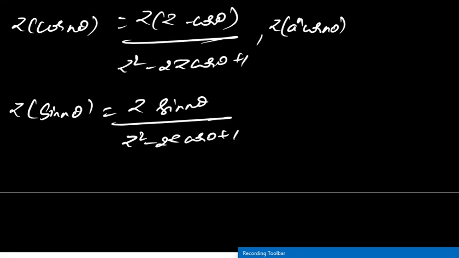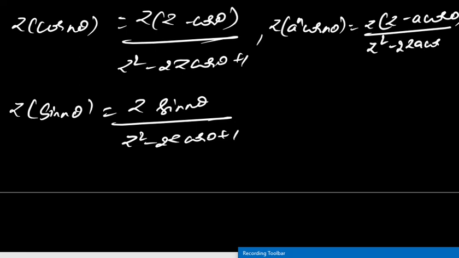As I already told you, you can just rewrite this as z into z minus a cos theta divided by z square minus 2za cos theta plus a square. Cos will be replaced by a coefficient a and constant 1 will be replaced by a square. That is the only way you can easily remember.